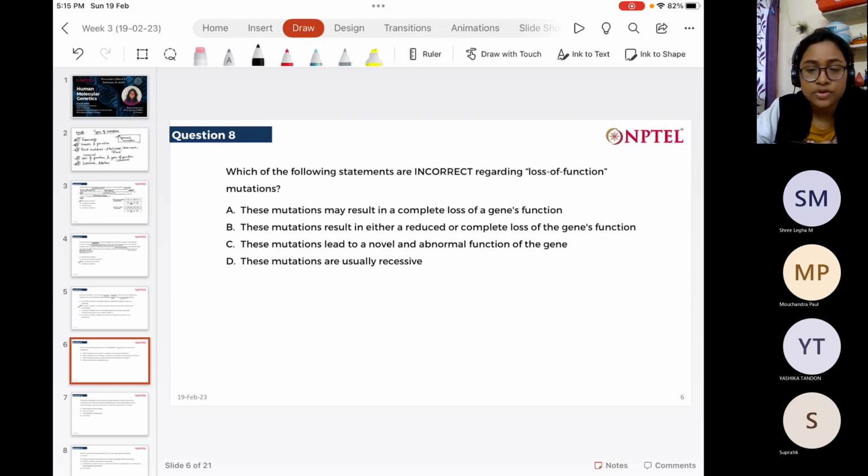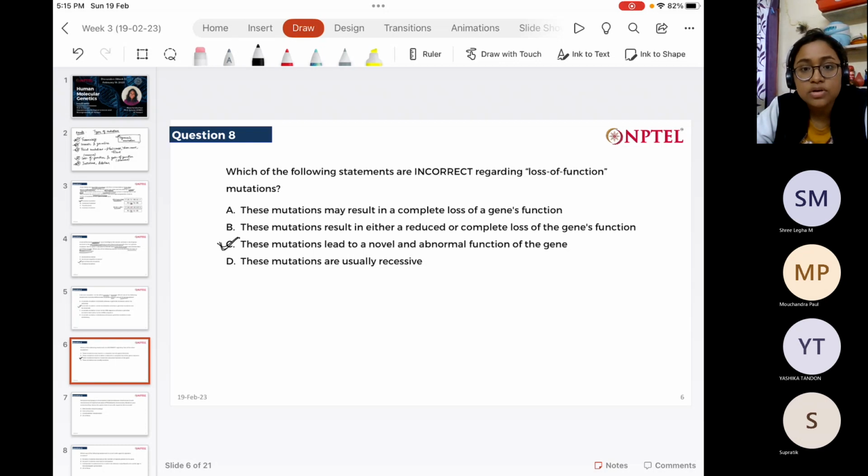Am I correct? What do you guys think? Yes. Gain of function mutation actually leads to a novel function, not the loss of function mutation. So the answer here will be C.